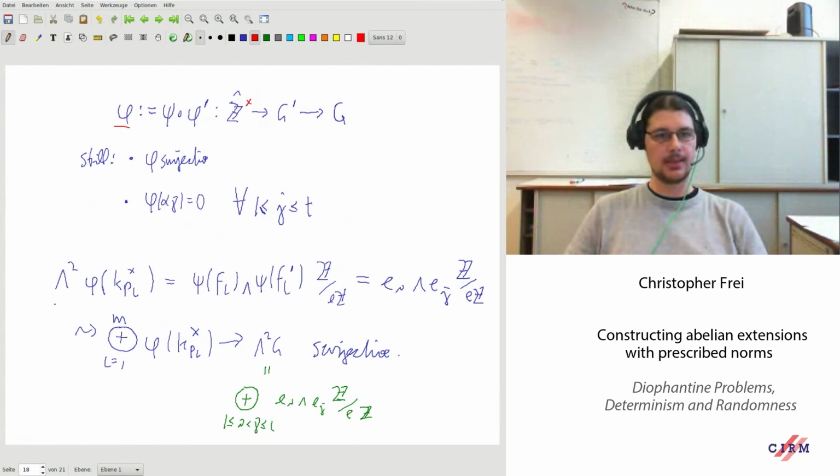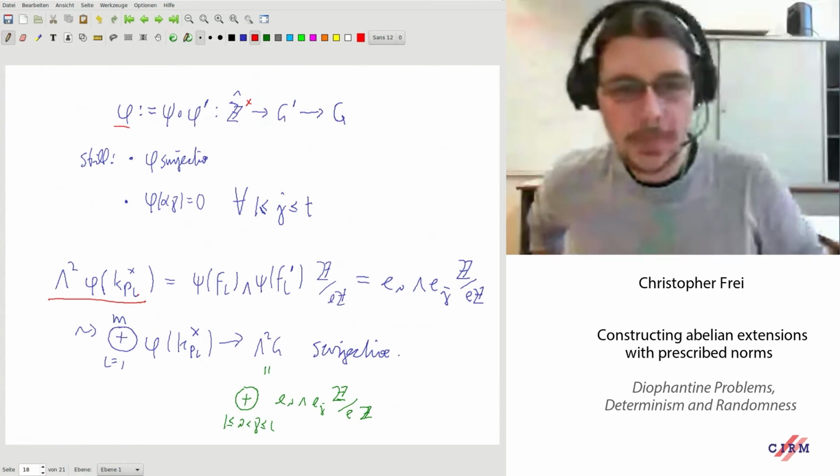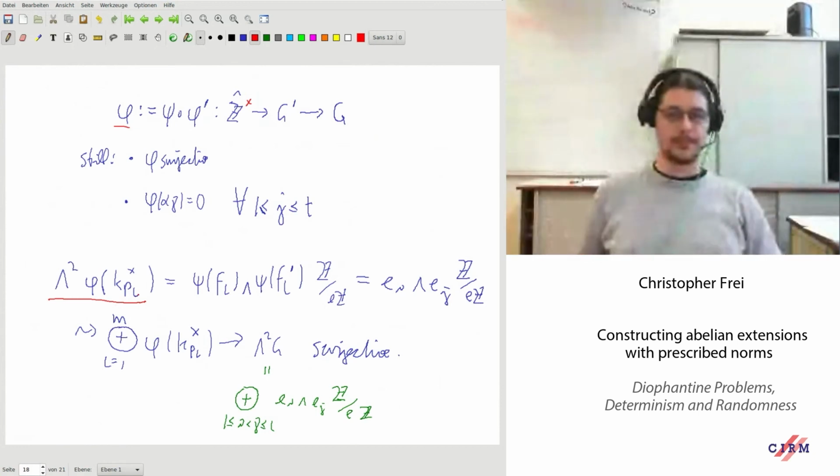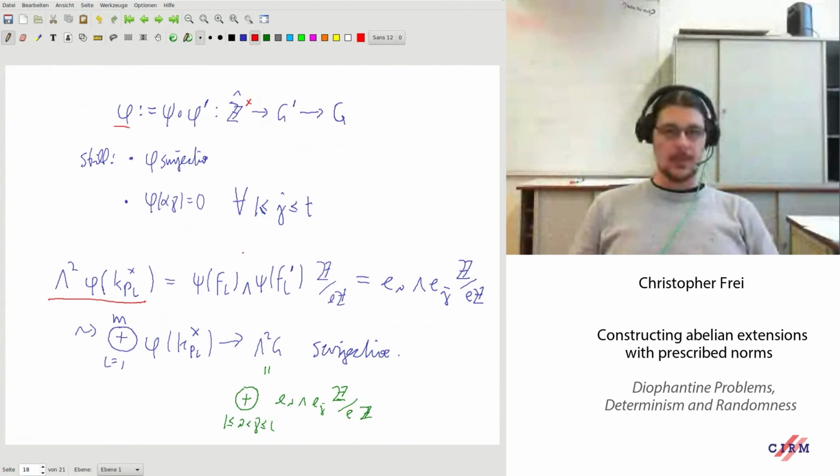So if you look at the exterior square of phi of some local factor KPL at the prime PL, well, phi of KPL is psi of phi prime of KPL, and a basis of phi prime of KPL are these FL and FL prime.